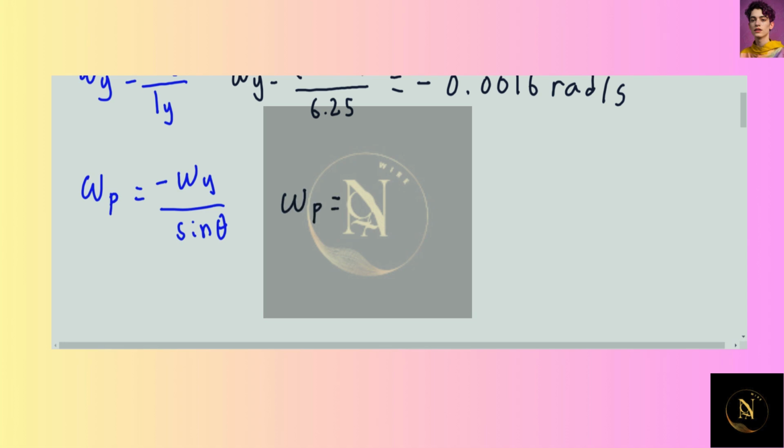The rate of precession is equal to negative 0.0016 divided by the sine of 6, and we'll get a rate of precession that's equal to 0.01531 radians per second.